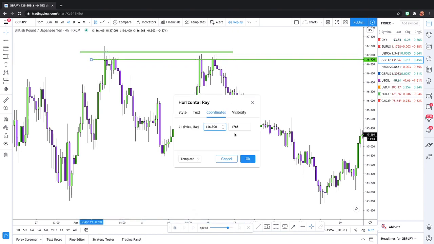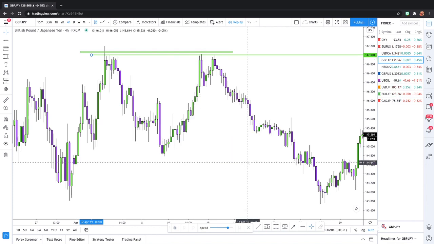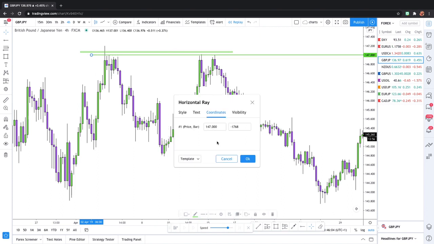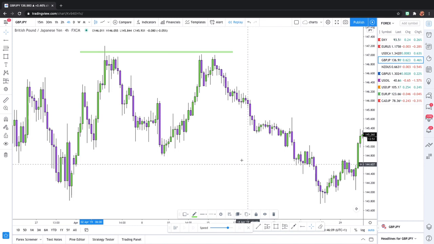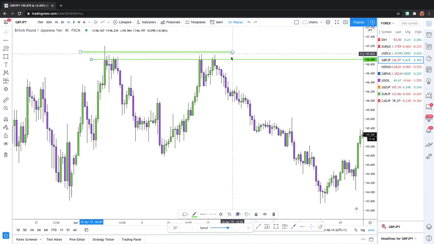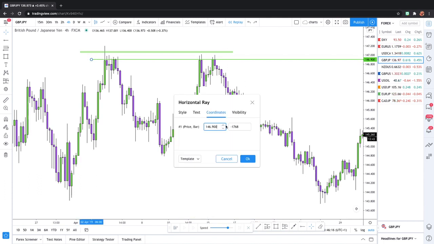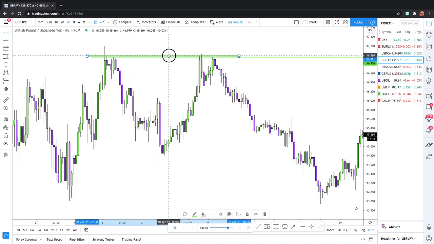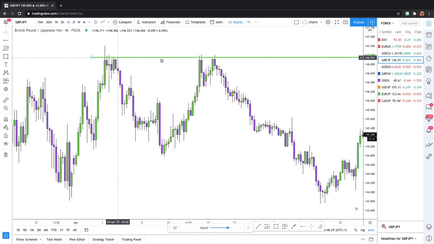We can even do 147. It's kind of too high. Let's do 950 in the middle. Oh, 146, 950. Whoops, my bad. There, that's fine. So anywhere in this area, we can look to take a sell. So what ends up happening, respect structure right here, it makes a double top and completely reverses.